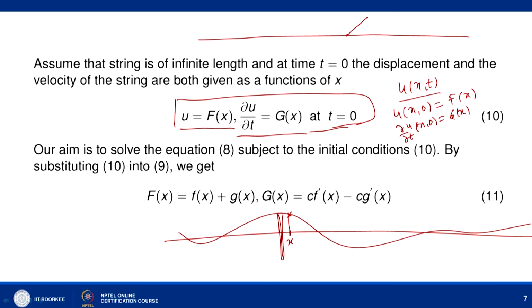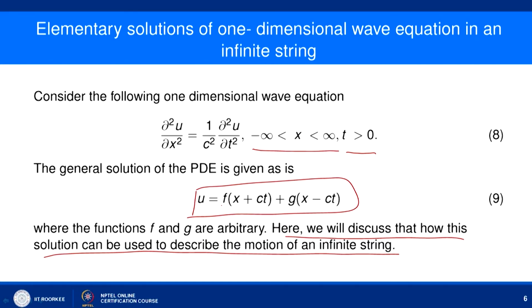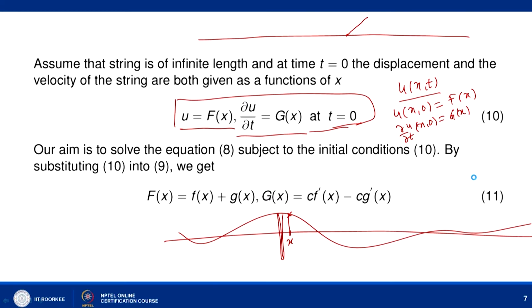So using this you put t equal to 0 in the previous solution, then u(x,0) will be simply f of x plus g of x, and you can write that f of x plus g of x is equal to u(x,0), that is F of x.